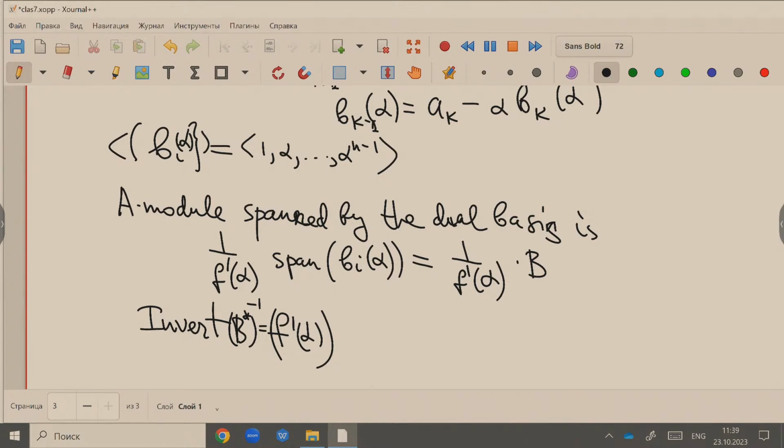So the relations will be: we have dy and we have dx, and we take the quotient by the relation df. Notice that you are taking the relative differentials, so over k[x].